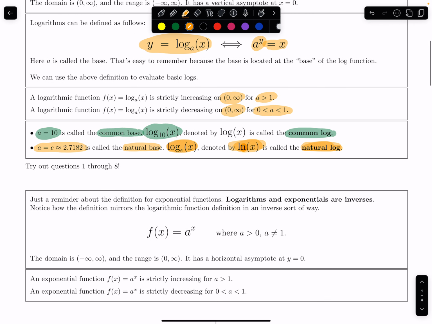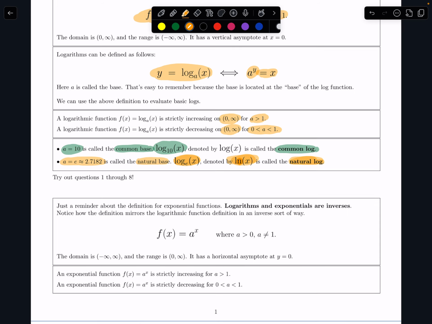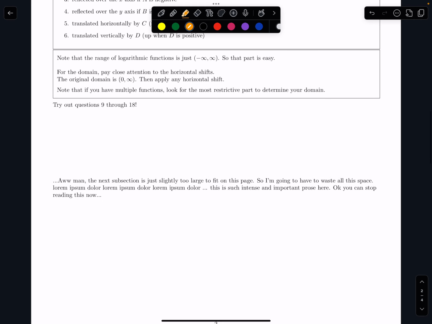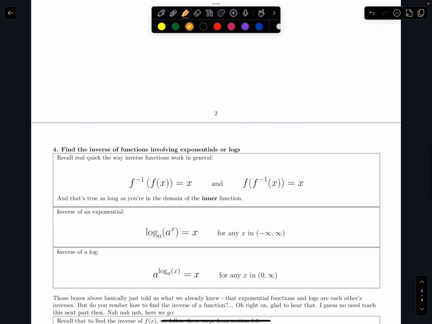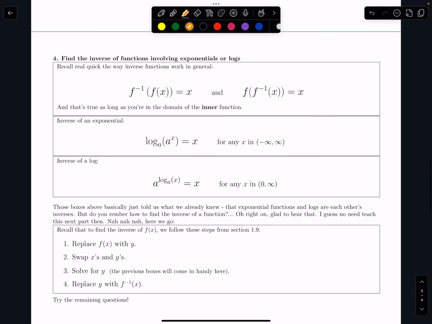Okay, and it says to try questions 1 through 8, but before we do that, I have a little bit of additional notes down here. It says, just a reminder about the definition of exponential functions. I guess I should have talked about this earlier. So logarithms and exponentials are inverses. That means they undo each other. Hold on a second. I feel like it's in the wrong spot, actually.